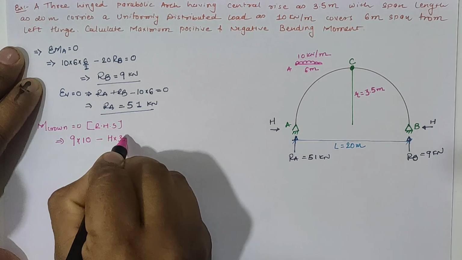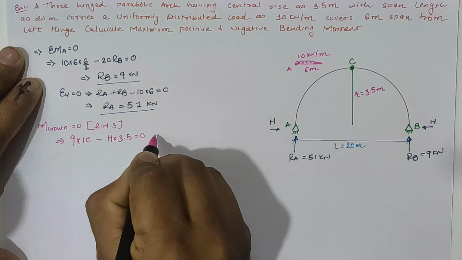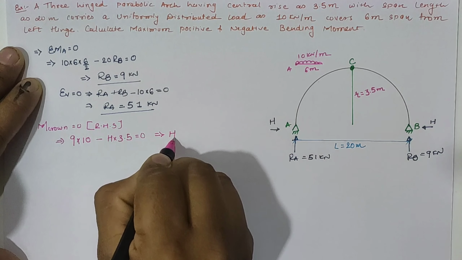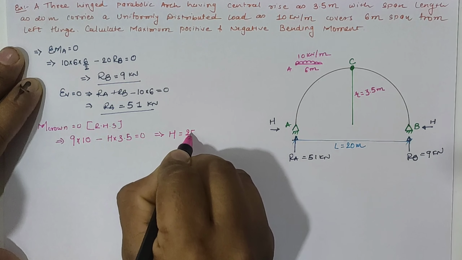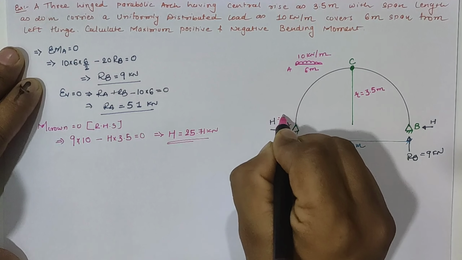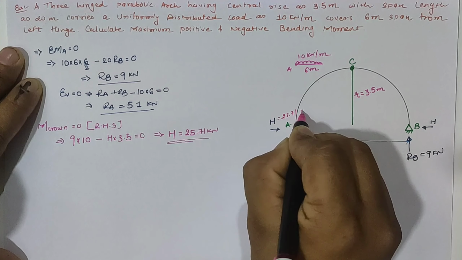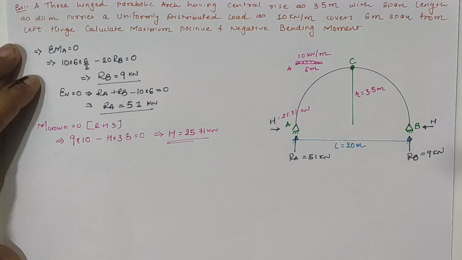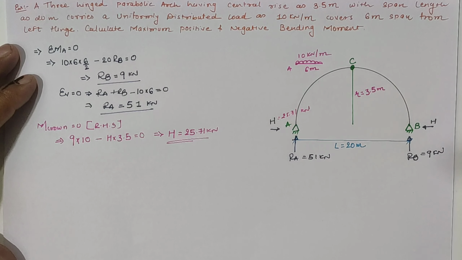So H into 3.5 is equal to 0. Hence our H value is 25.71 kilonewton. So first of all, we have to calculate the horizontal thrust reaction at both hinges using the equilibrium conditions.